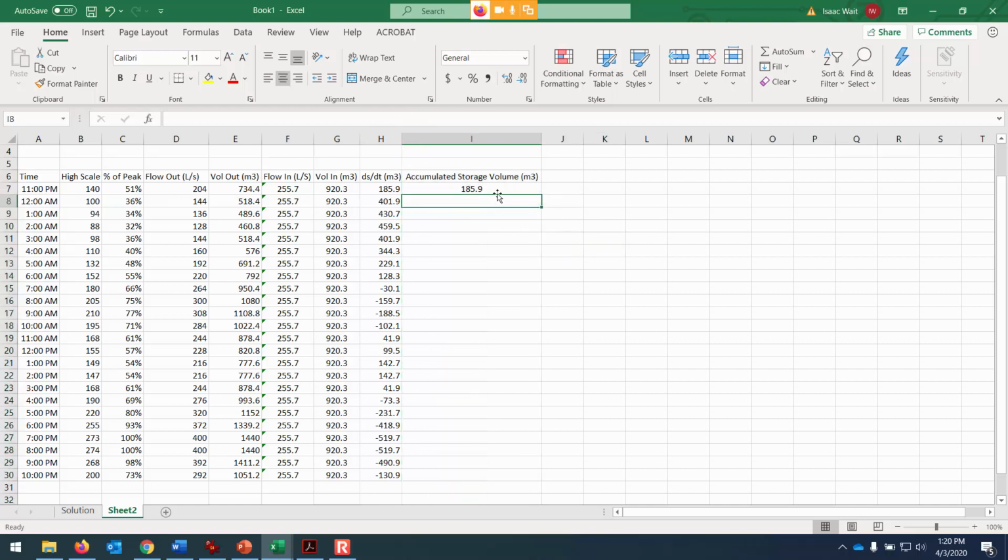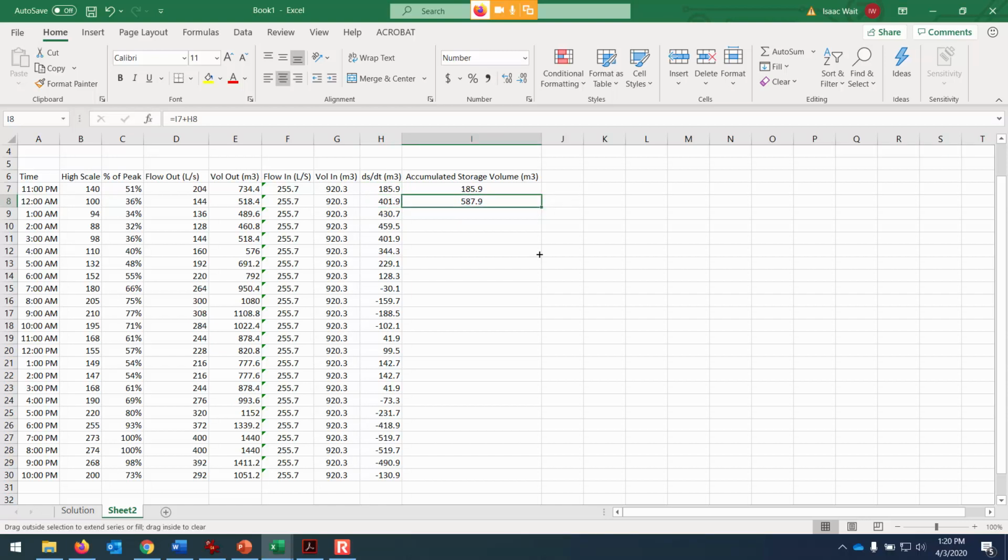Now, at the end of the 12 o'clock hour, it's the previous hour's accumulation, so that's the cell above, plus the accumulation that occurs during this hour. And so you can see that now the total amount of water that's in the tank is the net increase during the first hour and the net increase during the second hour.